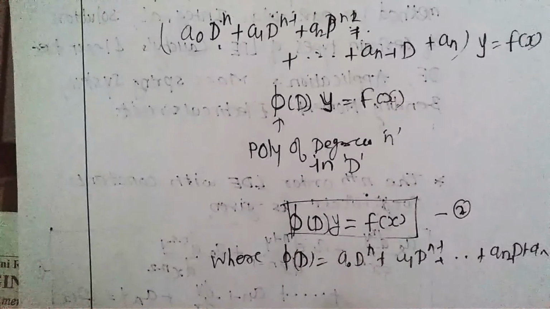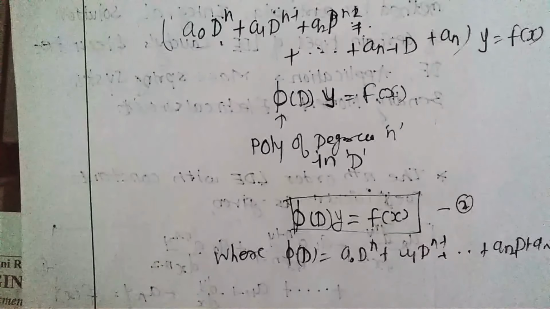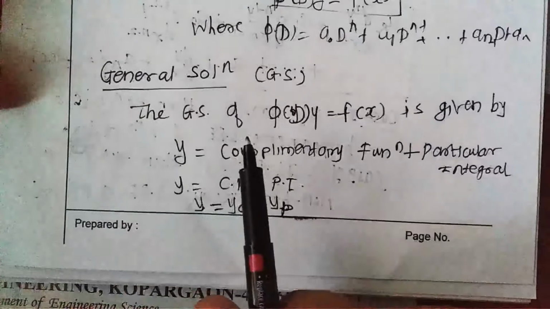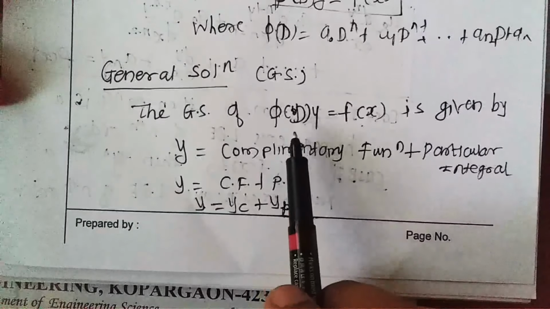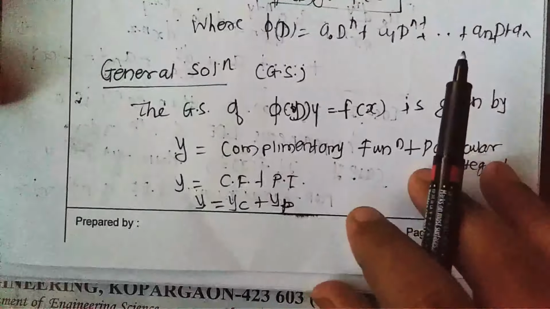Now we'll discuss the solution of this type of differential equation. The general solution of phi of D y equal to f of x is given by y equals, this is the formula to calculate the general solution, where y is the unknown that we calculate.